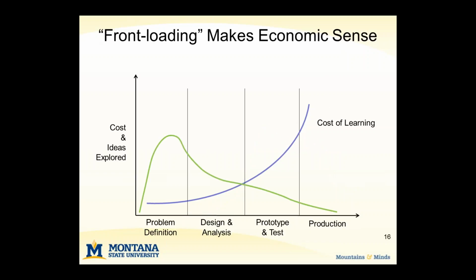Wouldn't it be better to front load the project so that you look at lots of ideas early on, where it's relatively inexpensive to investigate new ideas, so that when you get into those later phases, you're not having to make so many changes?